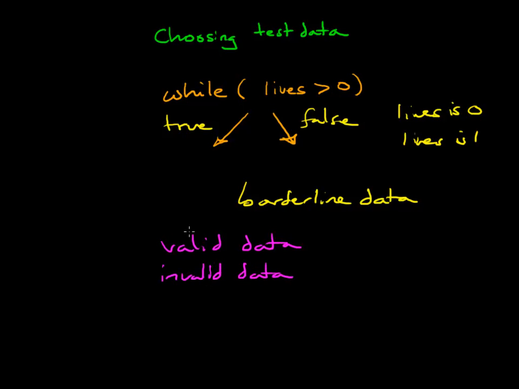So if I ask for an email address, I'm going to have something, and I'm going to have an @ symbol, and there's going to be a .com or .co.uk or whatever at the end. So I can tell that it's valid, but I can't necessarily tell it's the correct address. And I want to also check invalid data. This is more for text that I'm putting in. So invalid data would be, if it's asked for an email address and I don't put an @ symbol in, that's invalid data. And I want to test that both of these get caught.